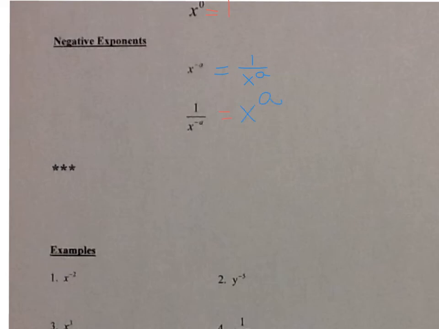So basically, what you need to know is that you can move anything from numerator to denominator, or denominator to numerator, just by changing the sign of its exponent. So let's write that down.